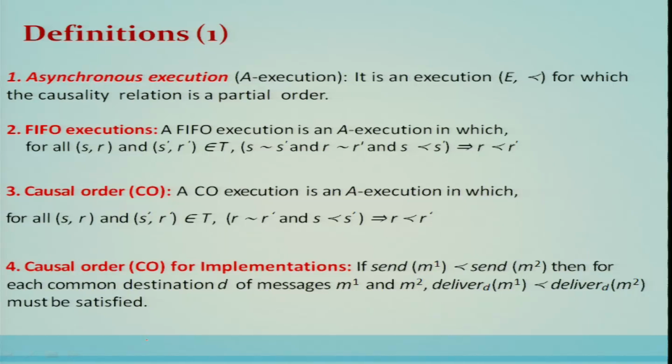A first-in-first-out execution is an asynchronous execution in which, for all pairs of sender and receiver, if these sends and receives happen within a system and there is an order between the senders, then there will be an order in the receivers also, because these sends and receives are happening within a particular process.